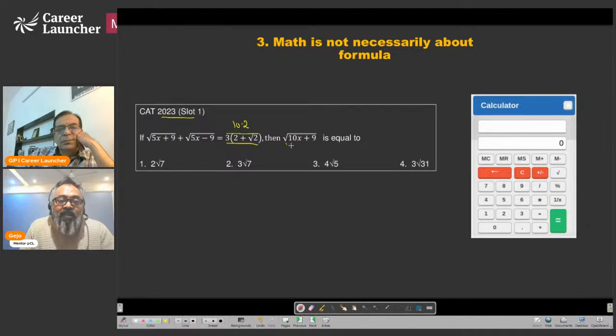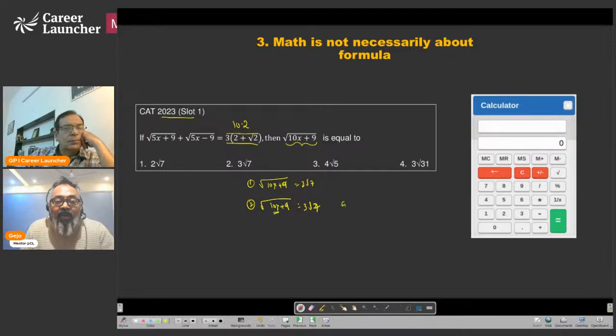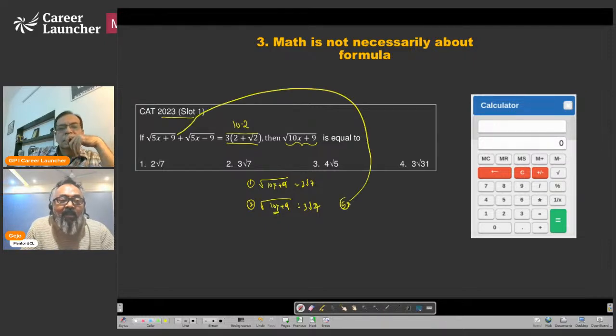And this one says that 10 root x equals how much? So if you keep on substituting, root of 10x plus 9 equal to 2 root 7 for option number 1, and then root of 10x plus 9 equal to 3 root 7 for option number 2, right? From here you can get the value of 5x, substitute that back here and check whether you'll get 10.2, purely using a simple calculator. You will get this to be the answer.